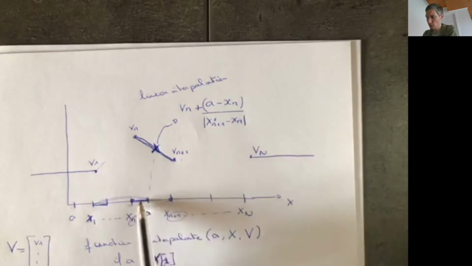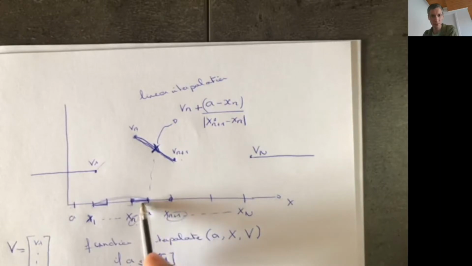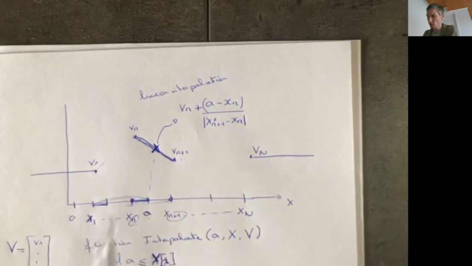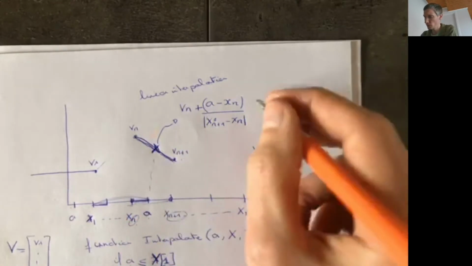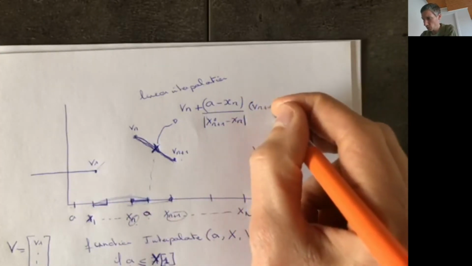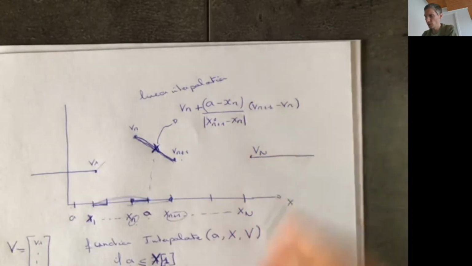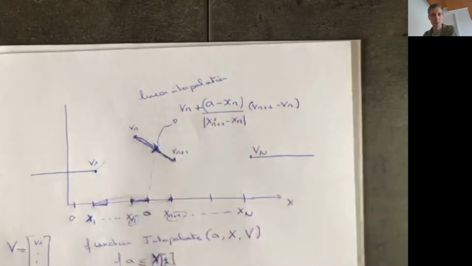Okay, so here what we have is this length as a fraction of this length. And then of course we have to multiply it by how much this decreases, so it's going to be times v_{n+1} minus v_n. So this is basically the formula to get to this point.